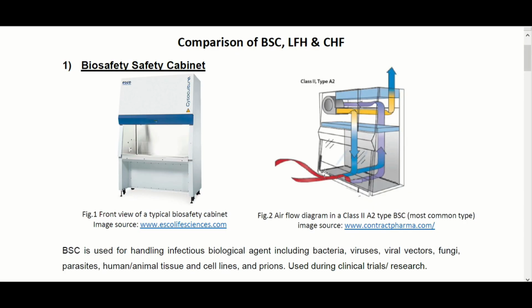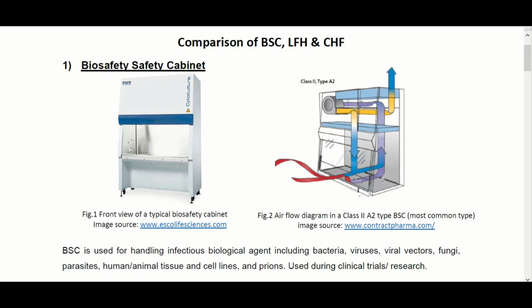The third function of BSC is that it helps protect the environment, because the air that is released into the environment is filtered by the HEPA filter. So you can consider the air going out to be clean air. There is no harmful bacteria that can go to the environment.